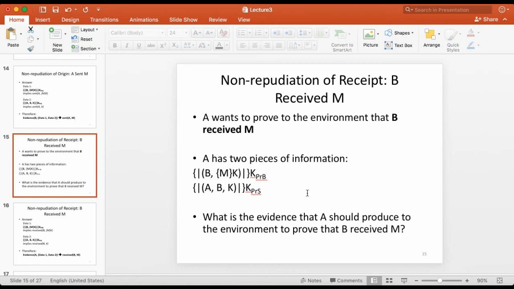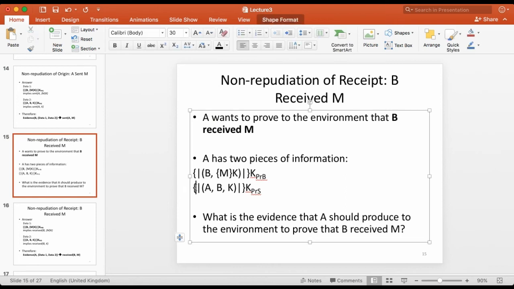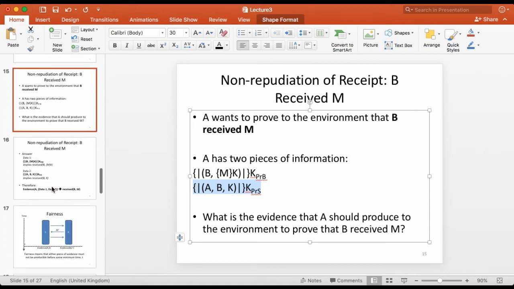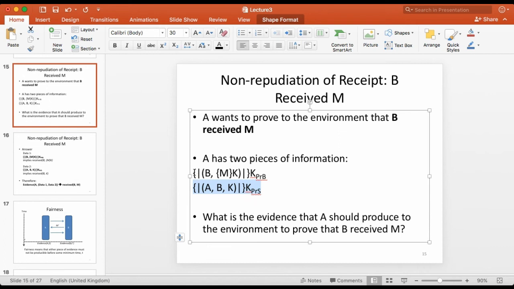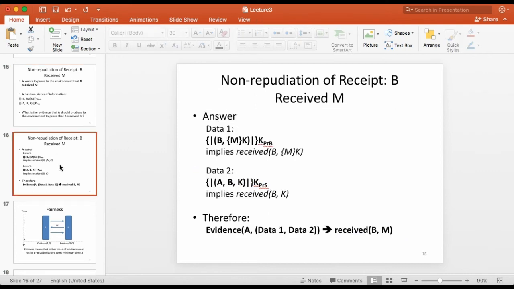And the other thing that A has, same as in B's case, is the key that was deposited at the server, and that key has been distributed in the last message by the server, in this case for A. So using these two pieces of data, A will try to essentially prove that B indeed did receive the message M.